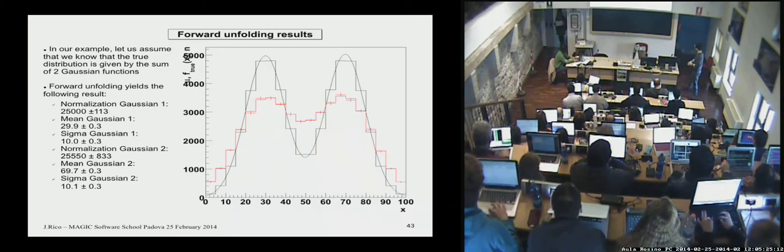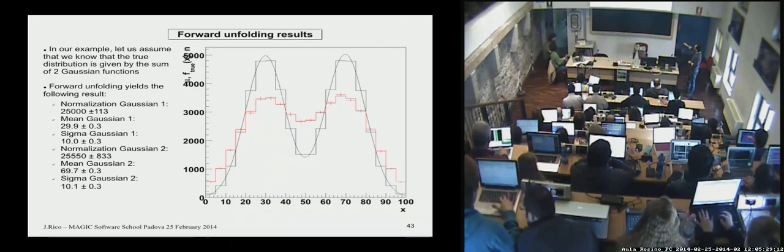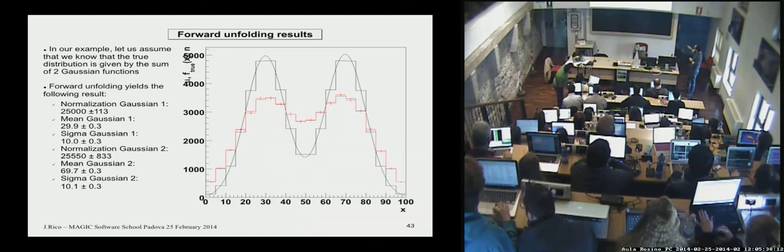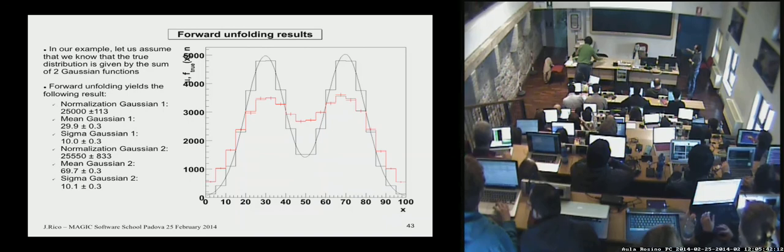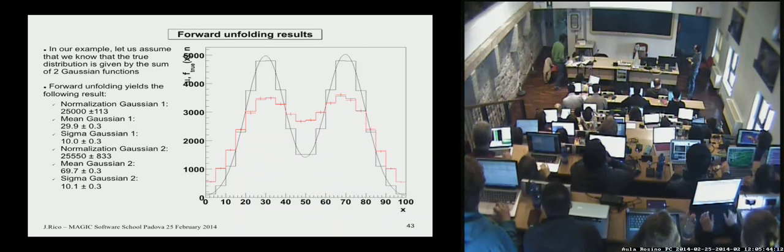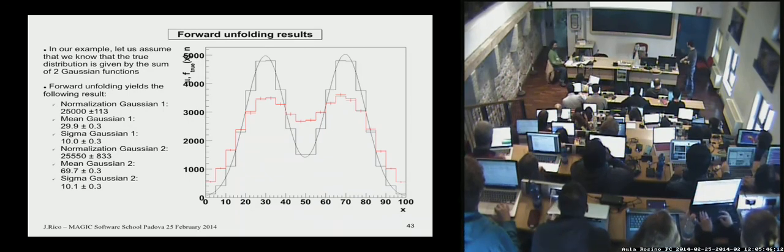Well, this is just an example of how this works. You will be starting from the measurements in the dots here, and by imposing that the true PDF has this double Gaussian shape, you make the minimization of the chi-square, or the maximization of the likelihood, and you would get back the initial results that are the ones in the histogram.